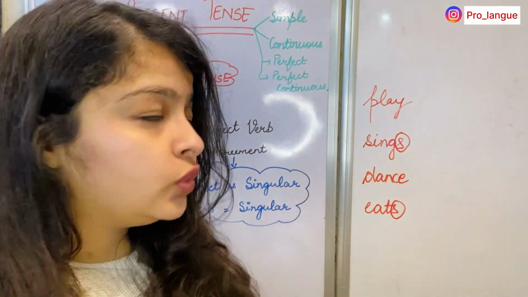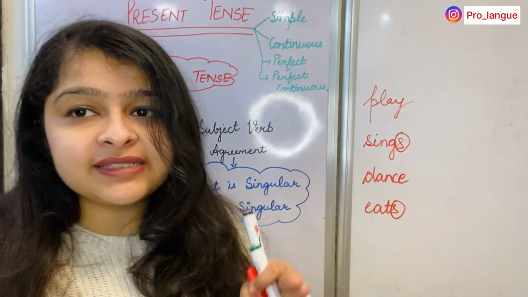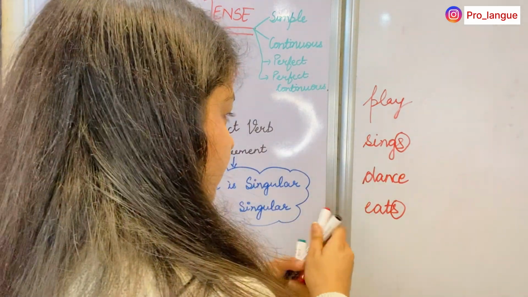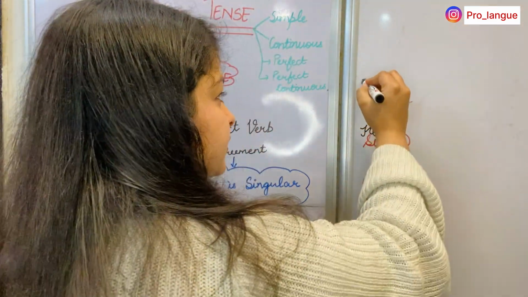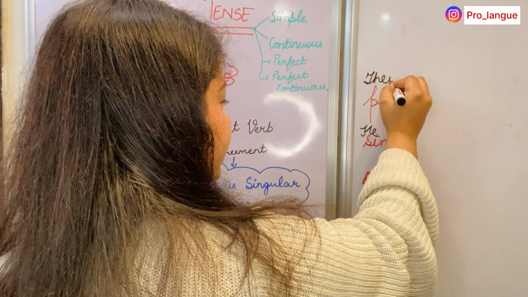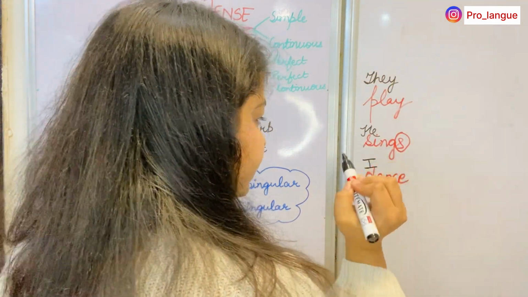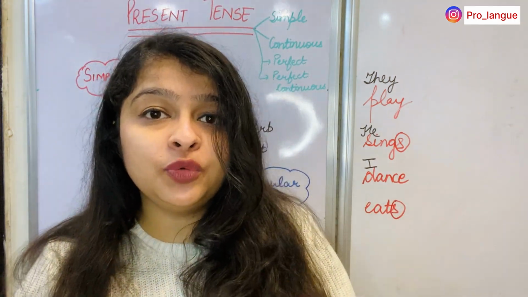So now the rule says that if I am having a singular verb, then my subject will also be singular. For example, he sings, they play, I dance. Why I dance? Because I and you are treated as plural in English.